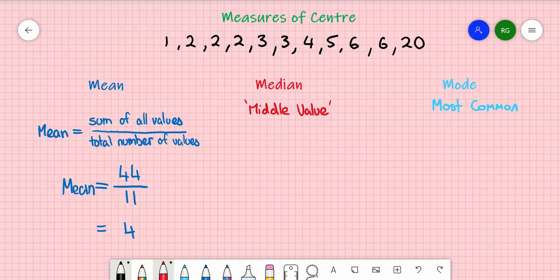Sometimes using the mean is not very reflective. A common example I use is if we are going to find the average house price, you might find that there are lots of houses in a certain ballpark, but then you might find a mansion or a skyscraper that's extremely expensive.